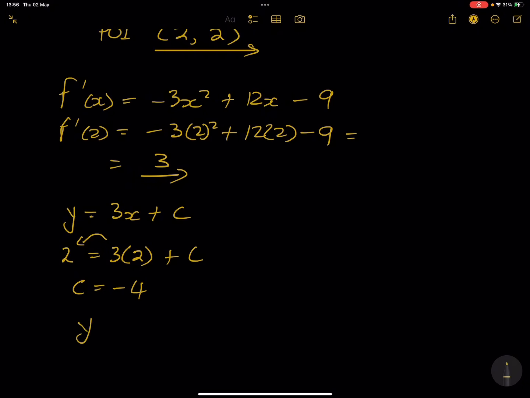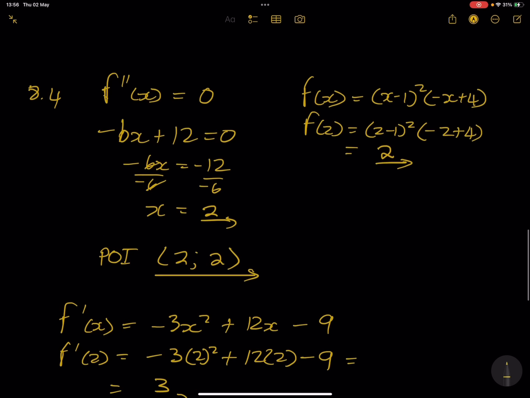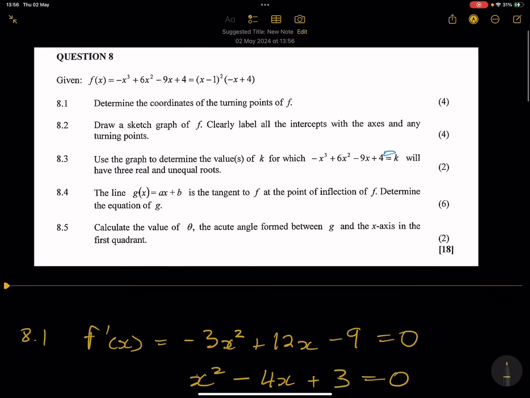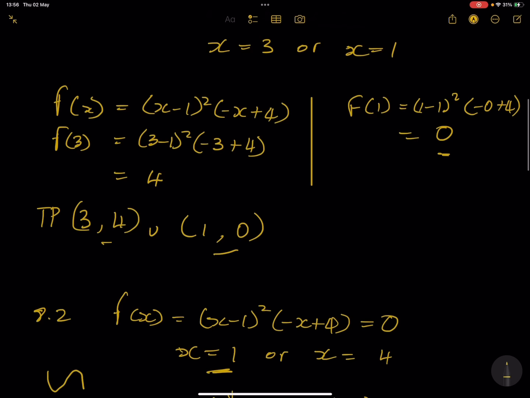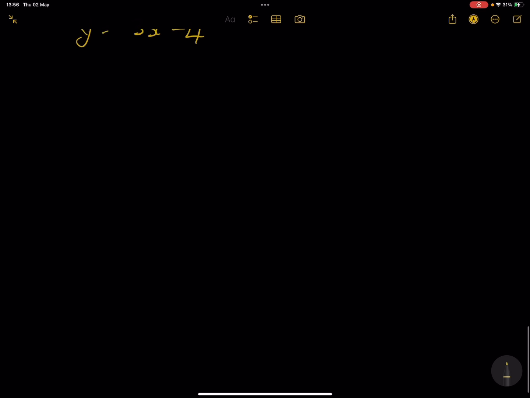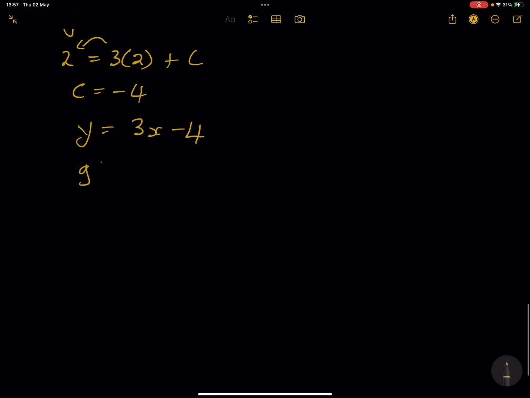So our equation is y is 3x minus 4. All right, so that is how the cookie crumbles, ladies and gents. They said we need to write it in the form g of x, so which means g of x is 3x minus 4.